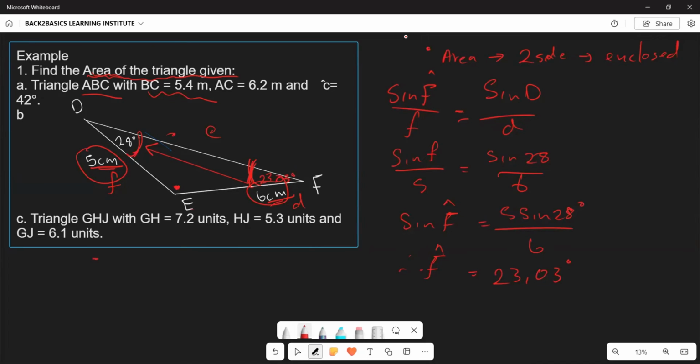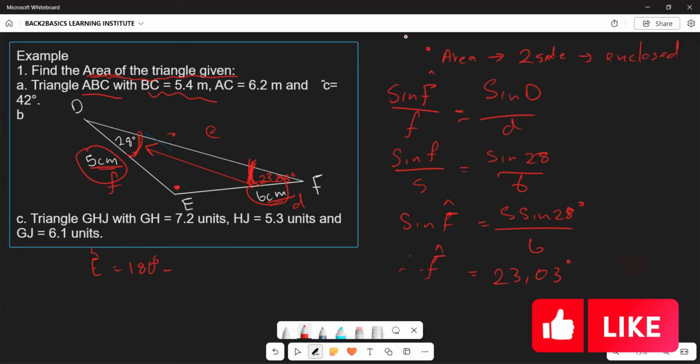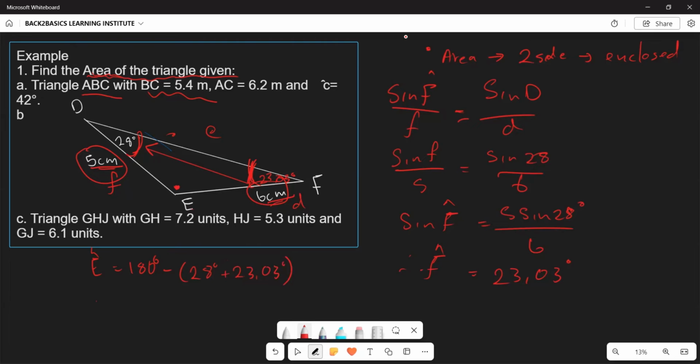So your angle E is going to be 180 degrees subtract this angle that you already had, which was 28 degrees, plus the other one which you've just calculated, which is 23.03 degrees, right? The reason for this is the sum of angles in a triangle, right?